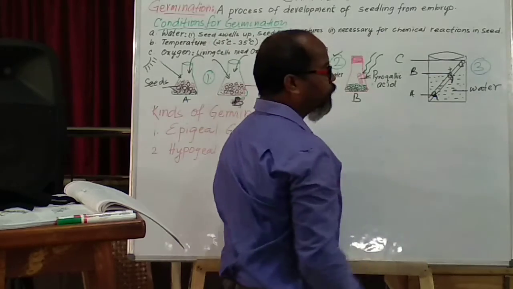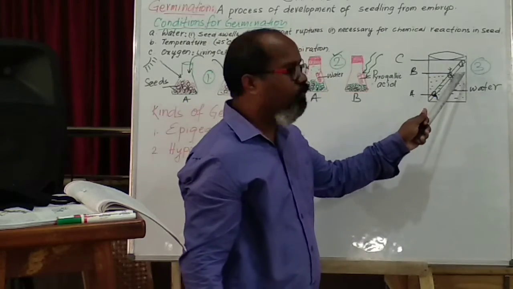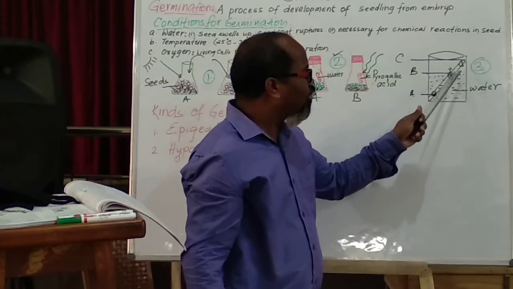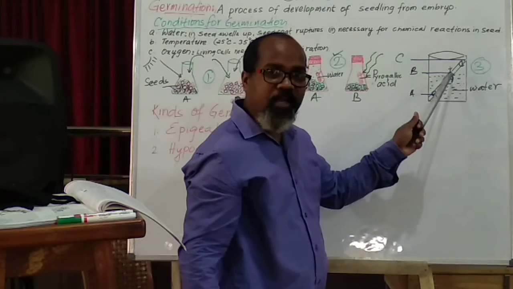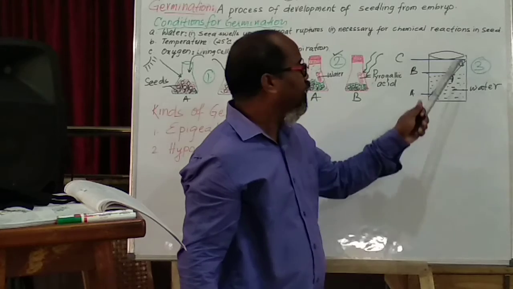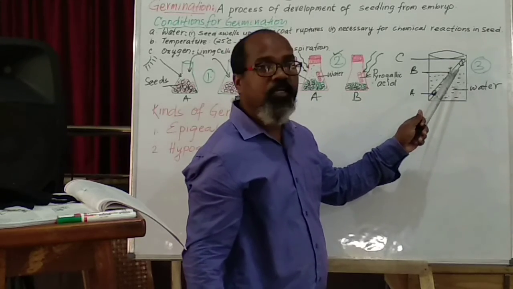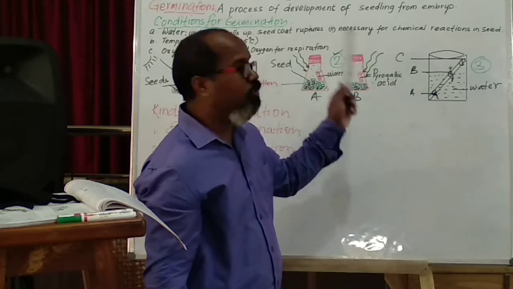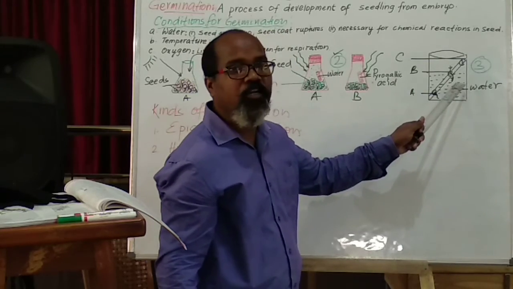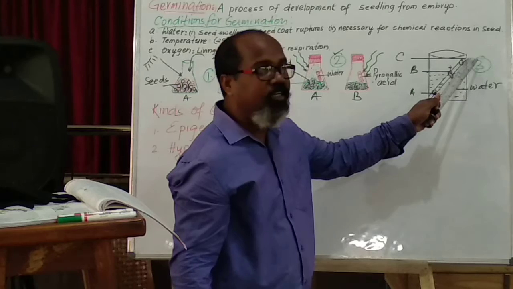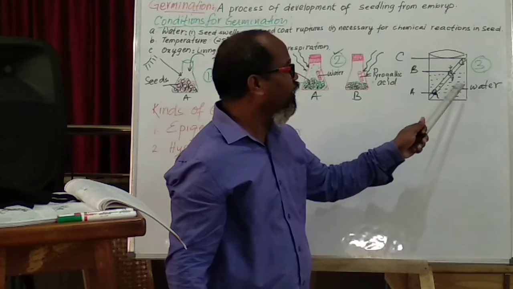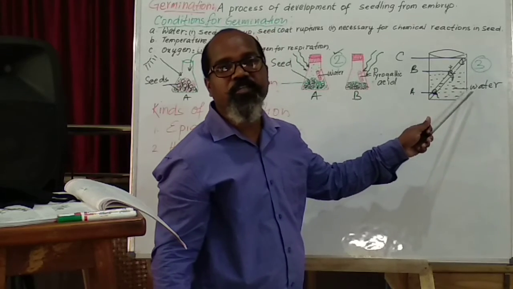Seed B is on the surface of the water. It is getting water, it is getting sunlight, optimum temperature, and atmospheric oxygen as well. So it is receiving all three conditions. So it is germinating and growing. What about seed C? Seed C, plainly we can see, does not receive water.